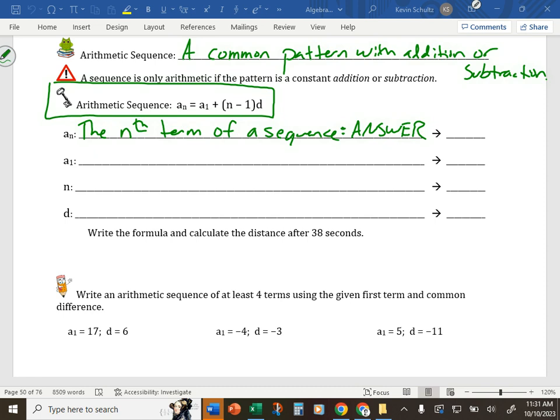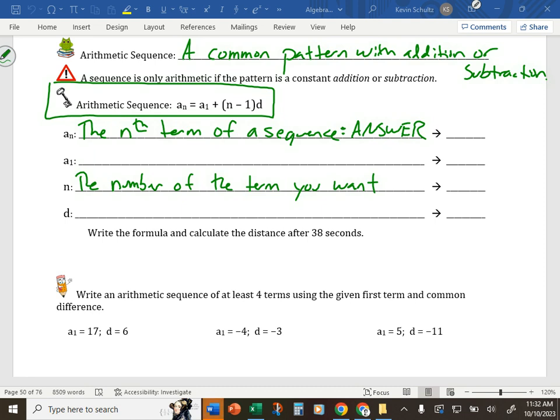Right? So, skipping down to n here now, the variable n represents the number of the term you want. Okay? The number of the term you want. Which, for our example, Nolan, what's the first letter?